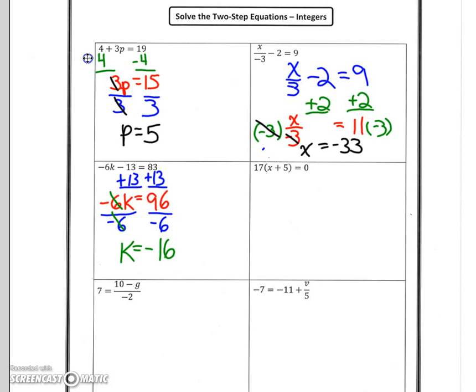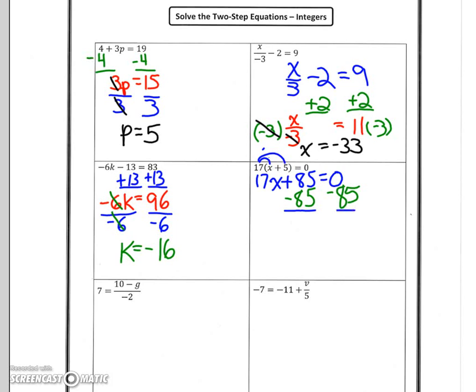The next one on the right side of the middle row, 17 times x plus 5 equals 0. We will go ahead and distribute first. 17x plus, and then 17 times 5. So we're distributing 17 to the x and 17 to the 5, and that's 85 equals 0. Then we're going to subtract the 85 from both sides, always doing the same thing to both sides, otherwise we've messed it up.